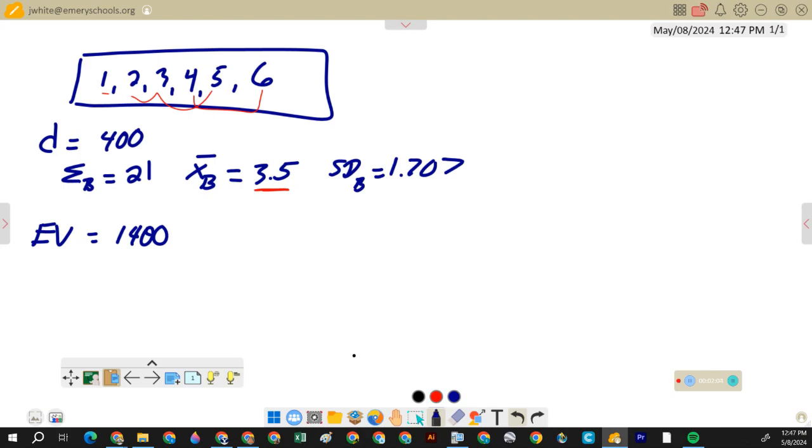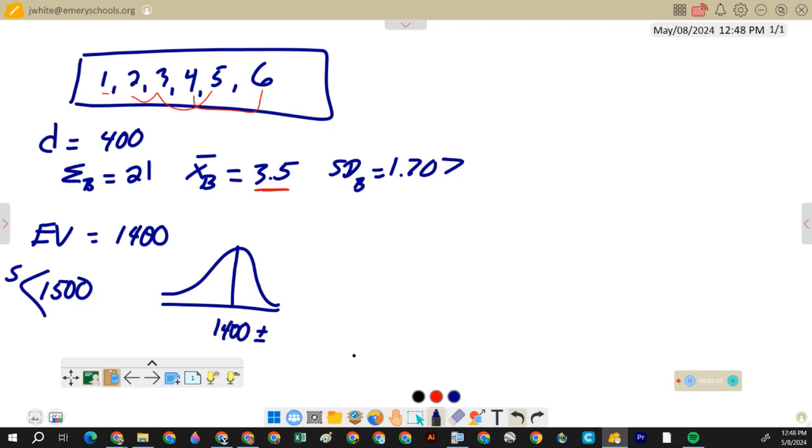So what is the chance of scoring, let's say, more than, so what if my score is greater than 1,500? How would I do that? Well, 1,400 goes in the middle, plus or minus what?